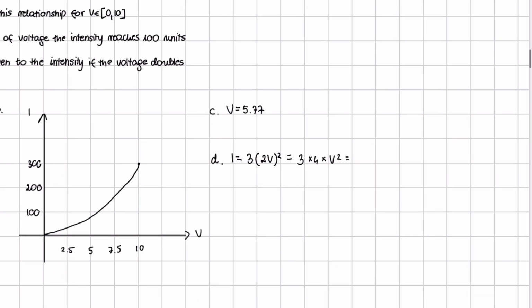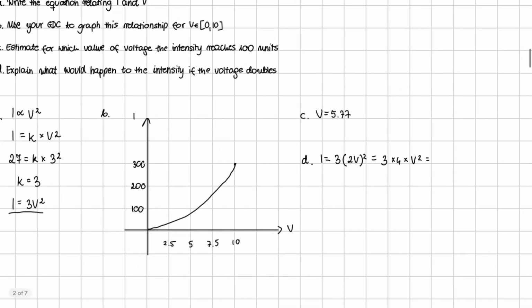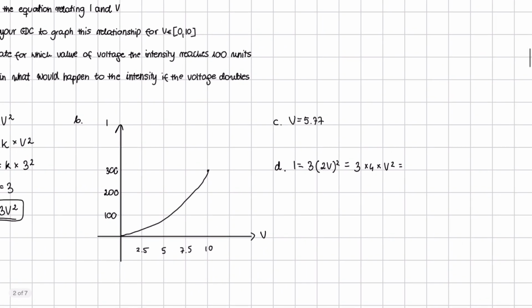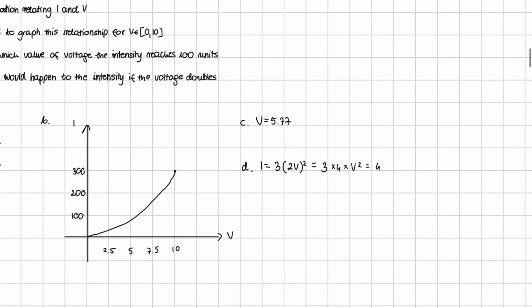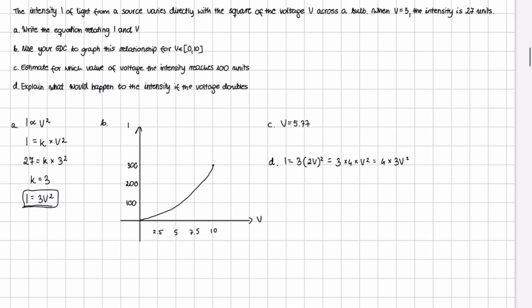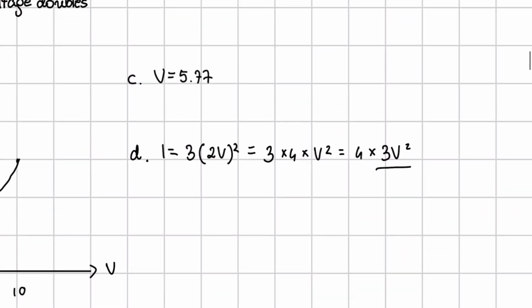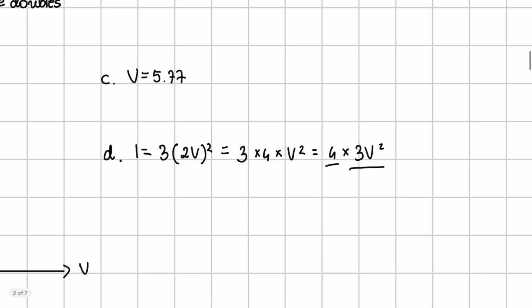And now it is very important to leave our intensity in this form. So we have 4 times 3v squared. So this is the same, and now we can see that we have 4 in front of our, let's say, function.